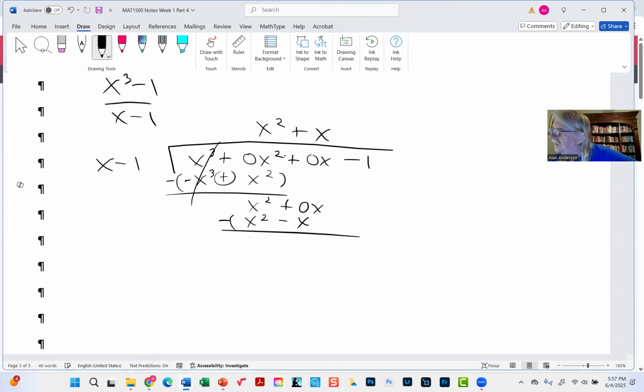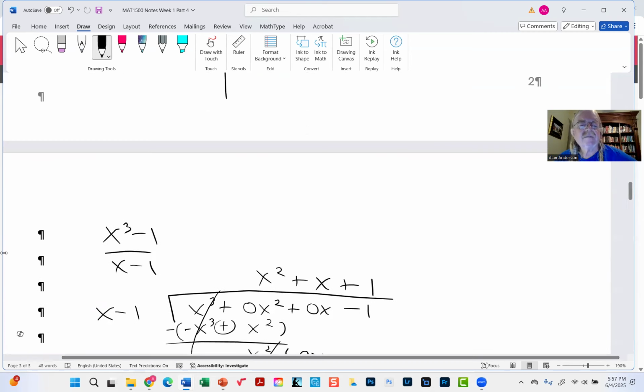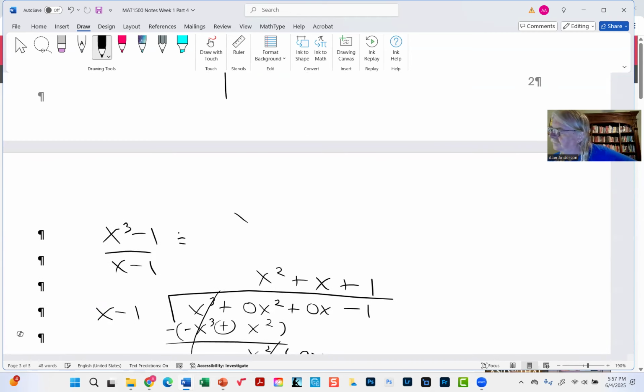So I'm going to run through this real fast. There it is. So what ended up happening was that this x minus 1 divides evenly into x cubed minus 1.